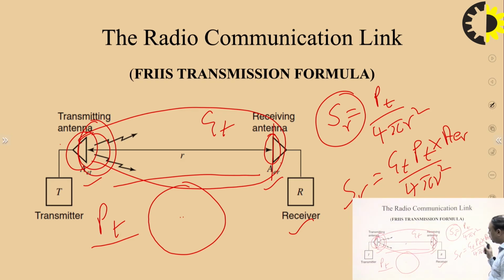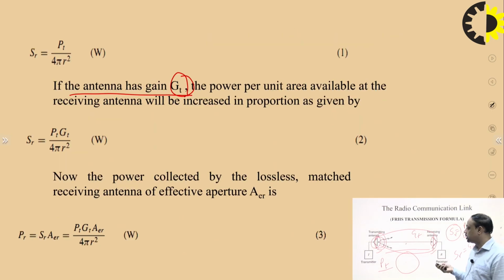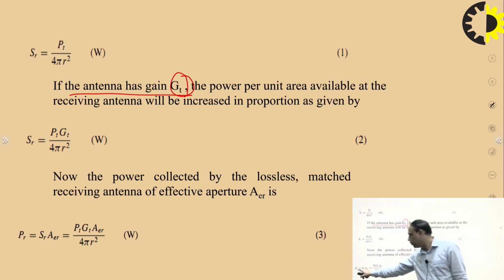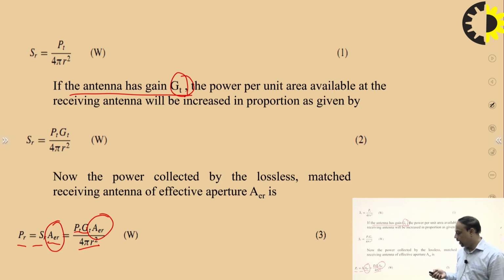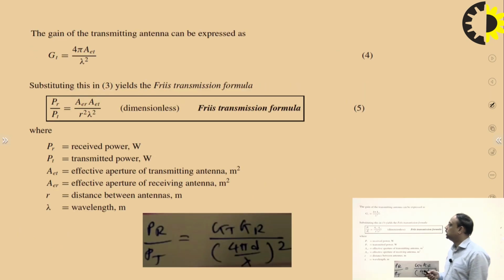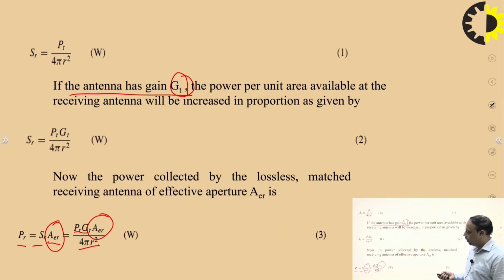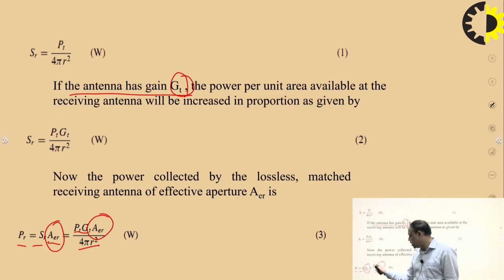The actual power received is the pointing vector PT GT upon 4 pi r square multiplied by the effective aperture of the receiving antenna. Now the power PR is equal to PT GT AE upon 4 pi r square.